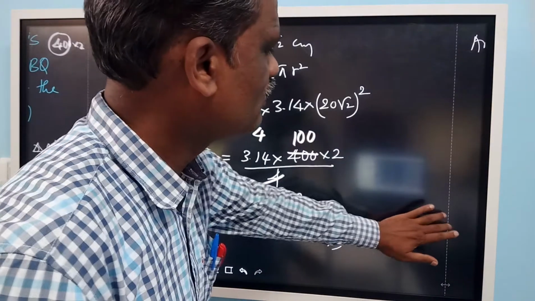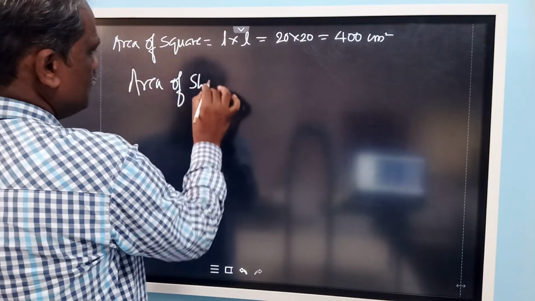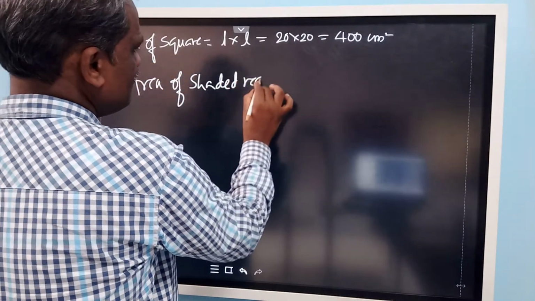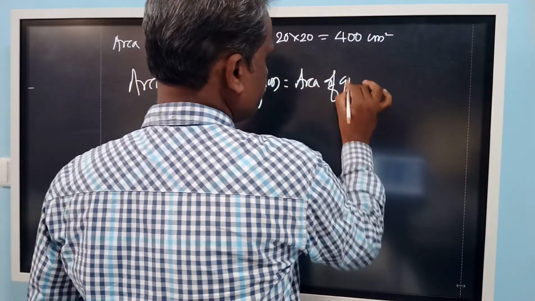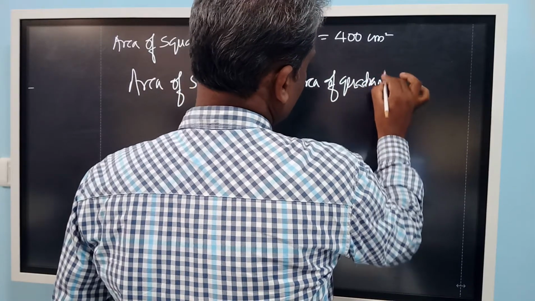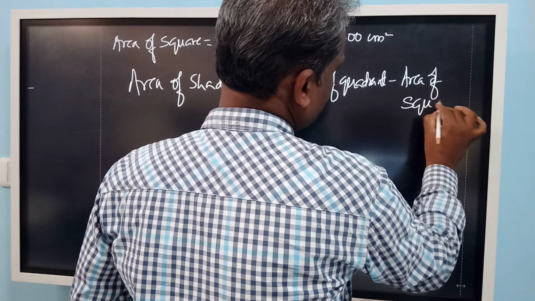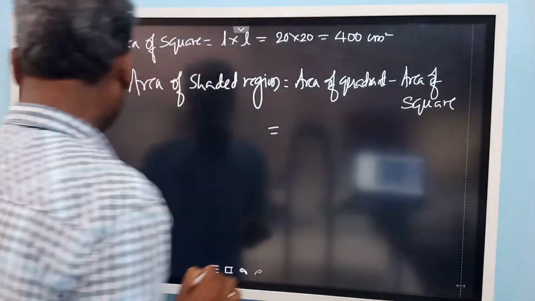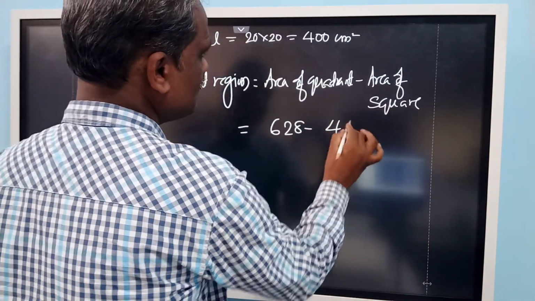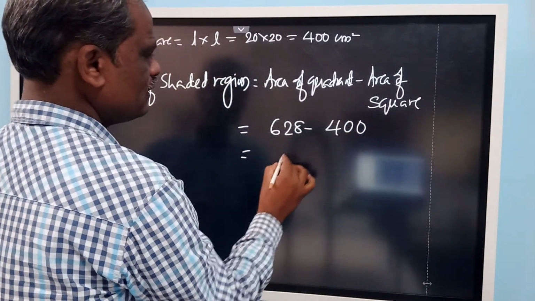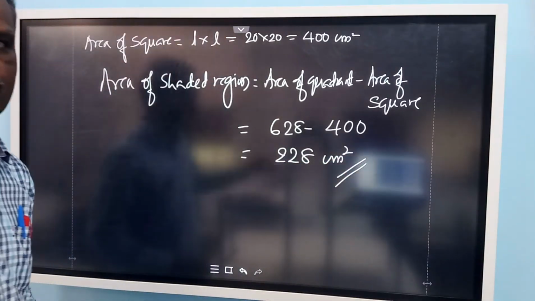Area of the shaded region is equal to area of quadrant minus area of square. So area of quadrant you got 628 minus area of square 400, it is 228 centimeters square. This is the area of the shaded portion.